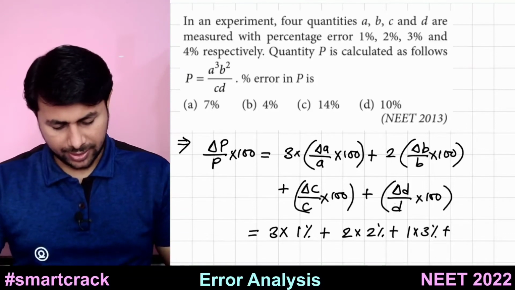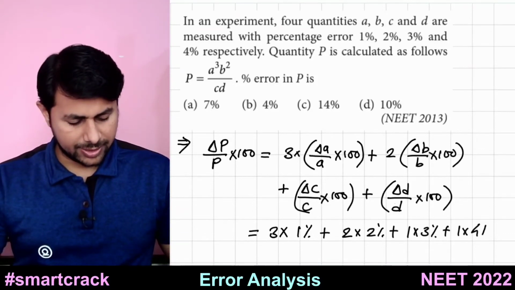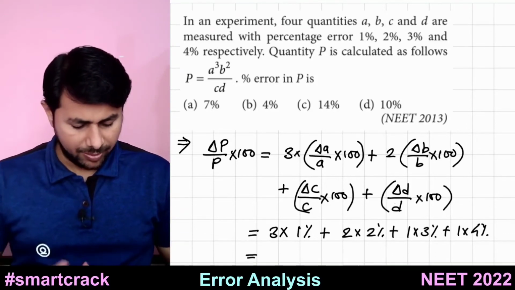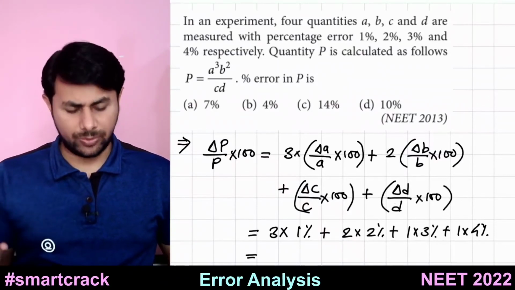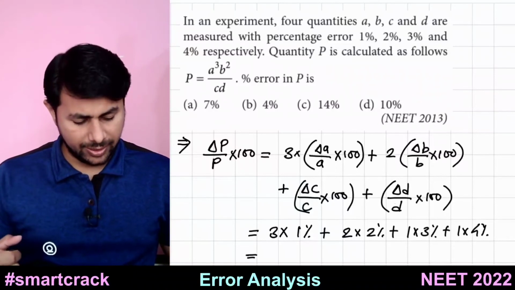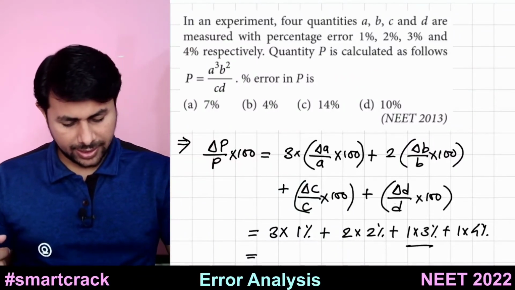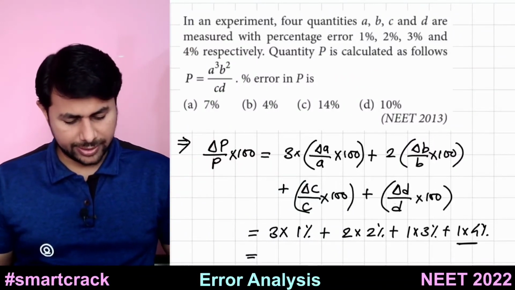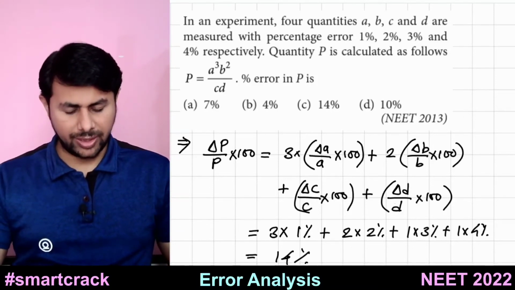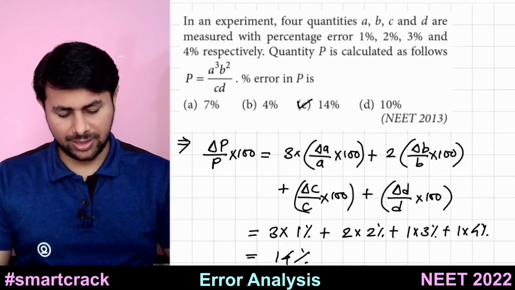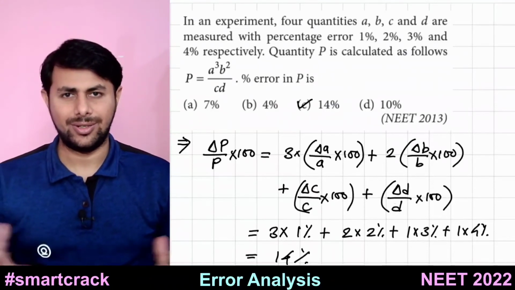It's 4%. So 1 into 4%. So add it all up. So 3 times of 1 is 3, 2 times of 2 is 4, so 4 plus 3 is 7, 7 plus 3 is 10, and 10 plus 4 is 14. So what is the answer? Answer is 14%. Okay, option C is the answer.